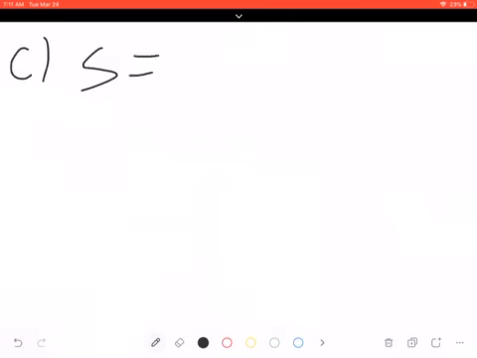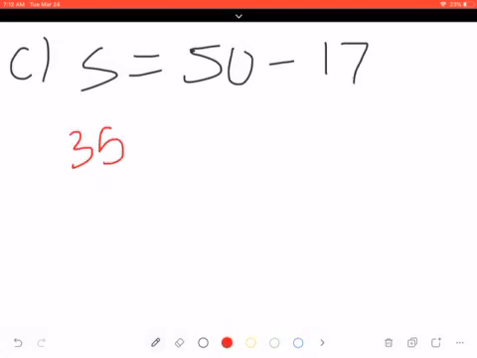So S, short board, equals 50 minus 17. So she estimates her answers between 30 and 40. So I'm just going to choose a couple values. I'm going to choose 35. So if I just plug in 35 where that S was, 35 equals 50 minus 17.